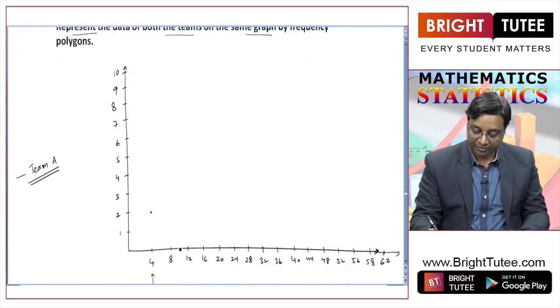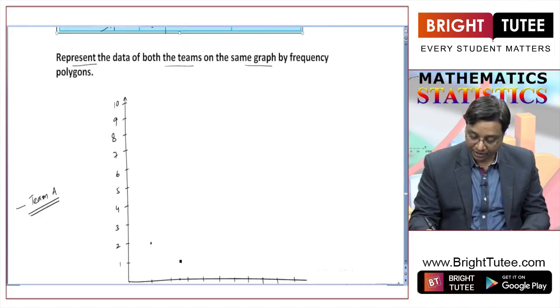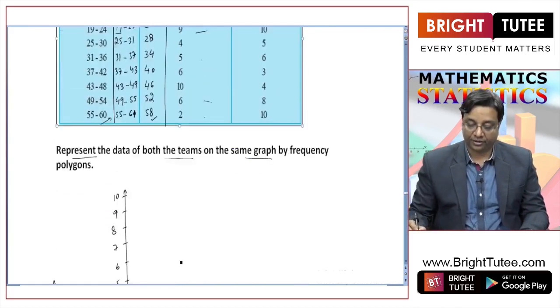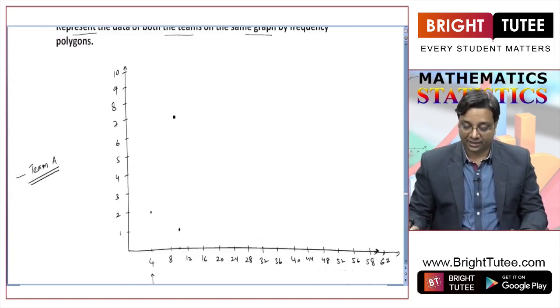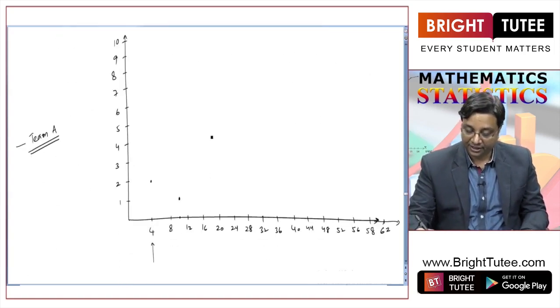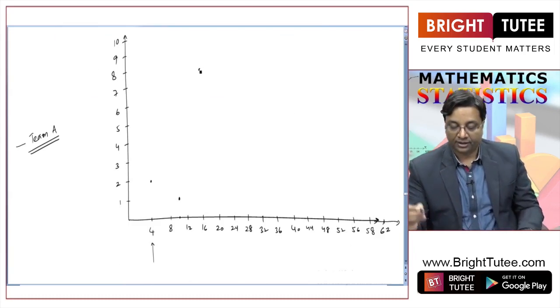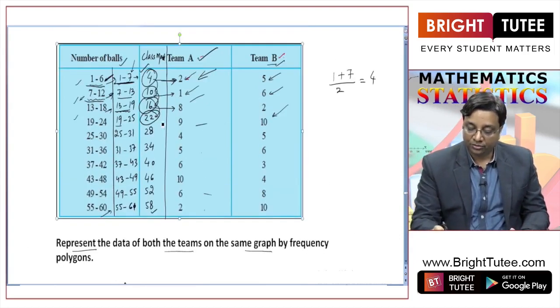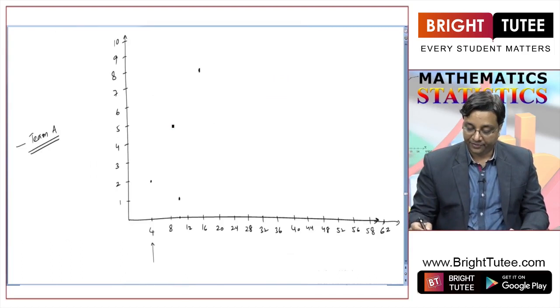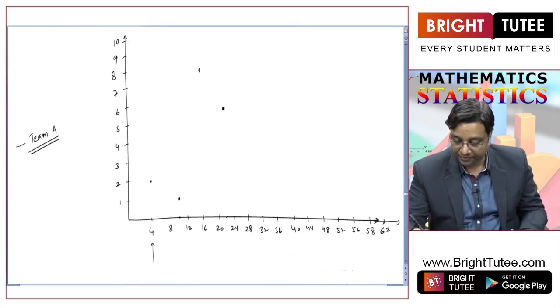So class mark 10 will be here and runs scored is 1. So this will be the point. Okay. For class mark 16, the runs scored by team A is 8. 16 and then 8 on the vertical axis. So I'll have this point 16 comma 8. Okay, 22 and 9. So 22, I'll have 9 somewhere here.